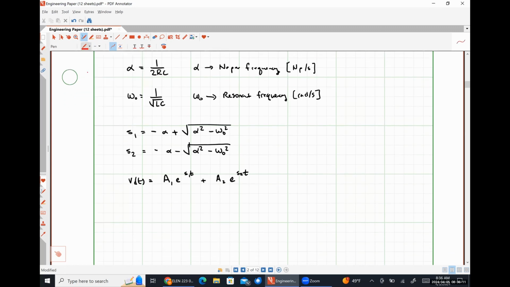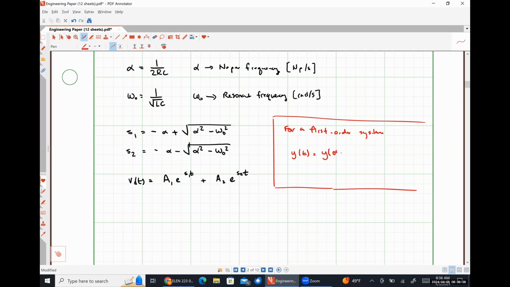So I'm just going to do something here kind of as a quick review thing, right? So for a first order system, we found out that y of t was equal to y at 0 plus e to the negative t over tau for t greater than or equal to 0 plus.